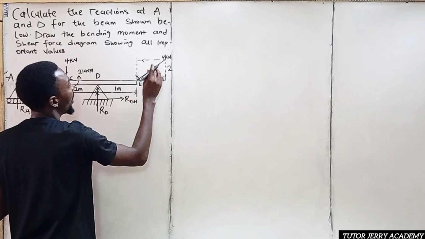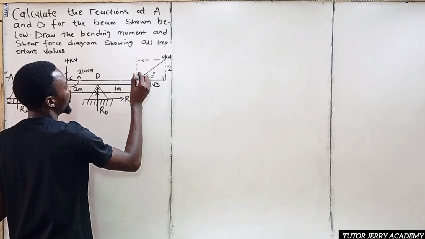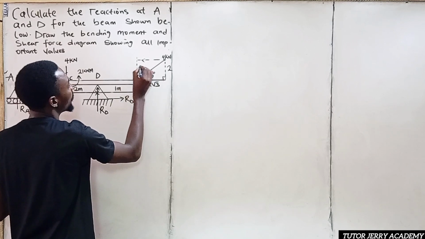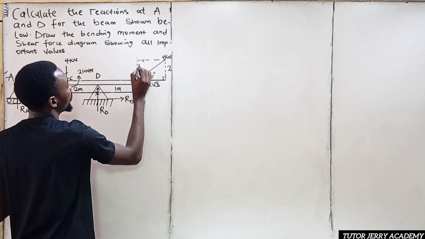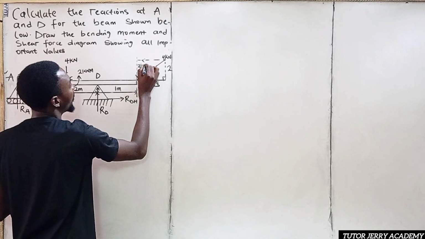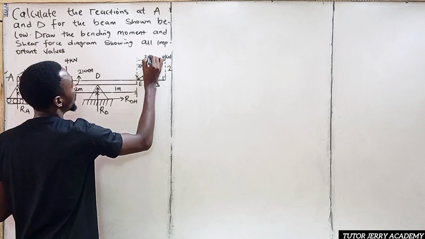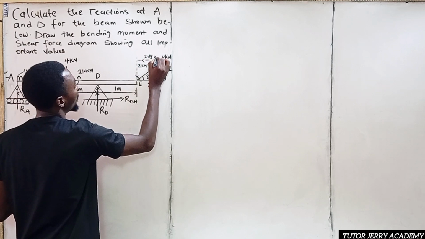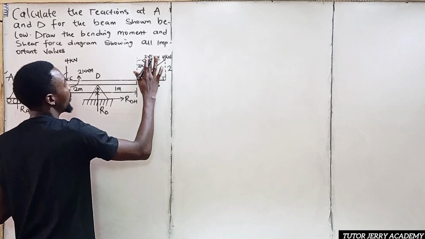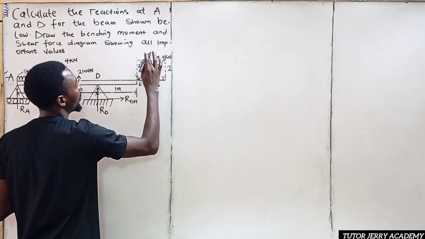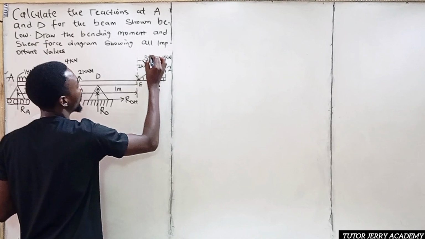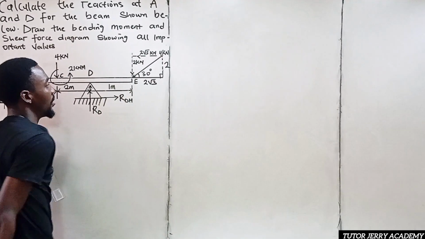So here we have 2 kilonewton, and here we have 2 root 3 kilonewton. We write this very well. All right, so that's it.